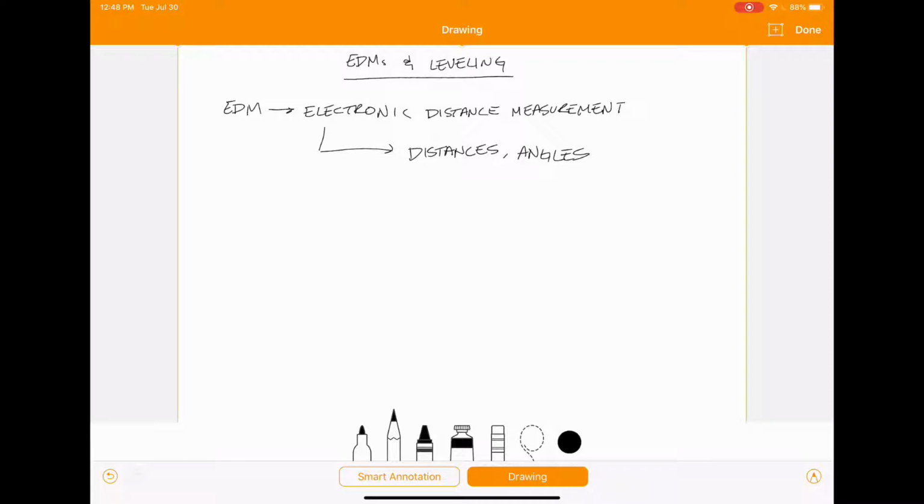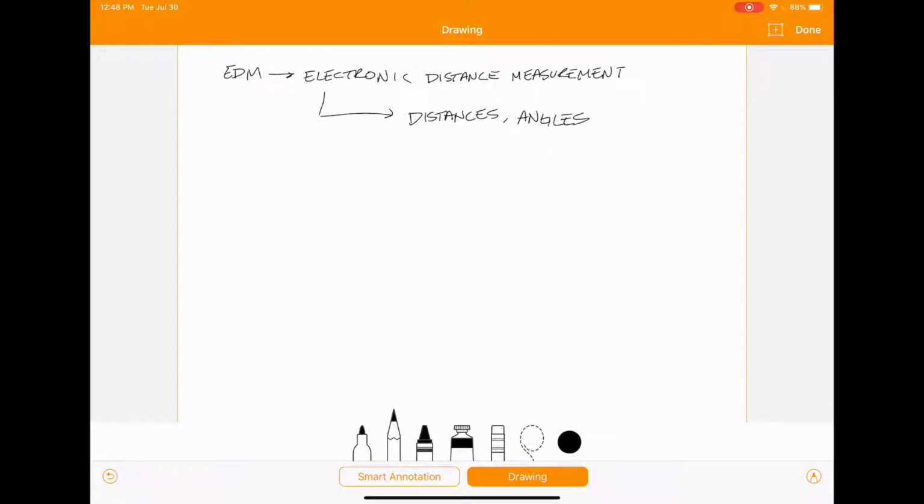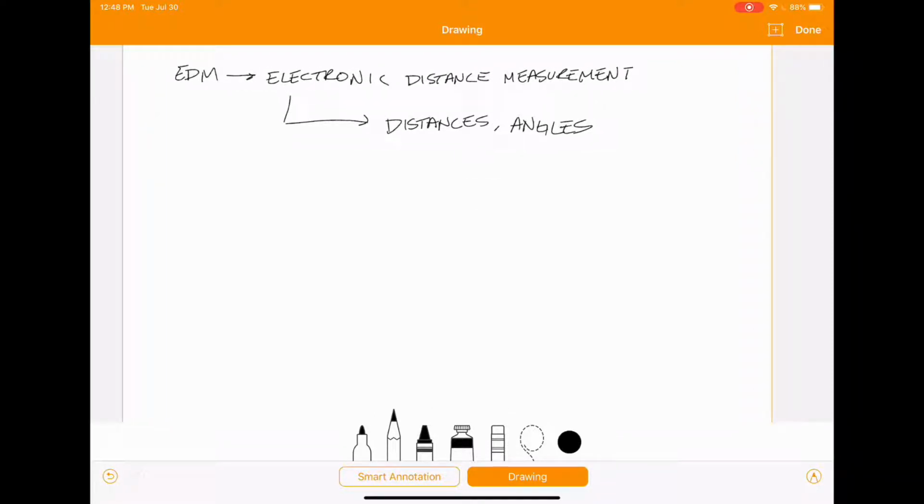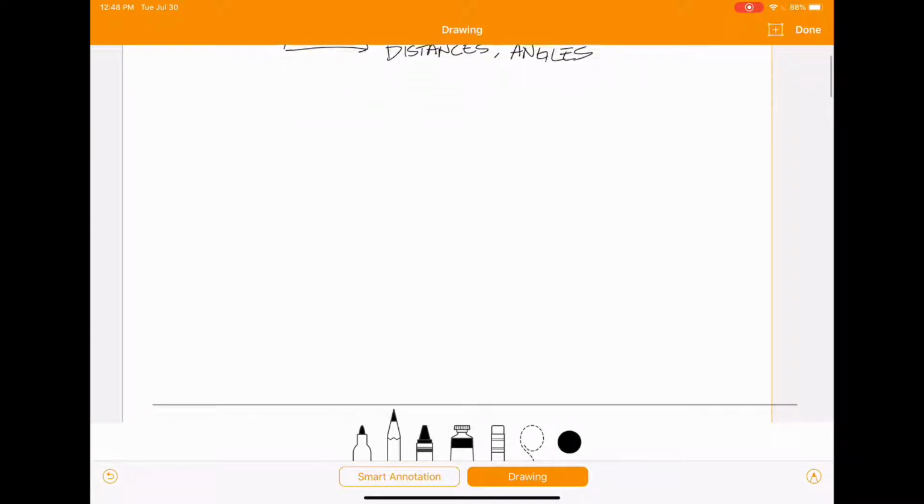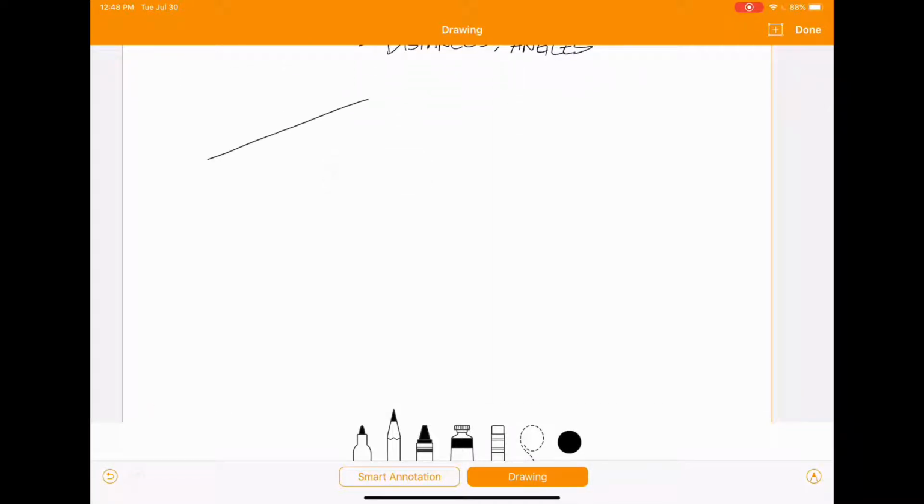And so mainly what you're going to be asked to do in regards to EDMs and calculations is you're going to be asked to find horizontal distances, which is going to be this distance here, because your EDM will give you this slope distance and a vertical angle, which you can call theta or alpha or whatever you want to call it.